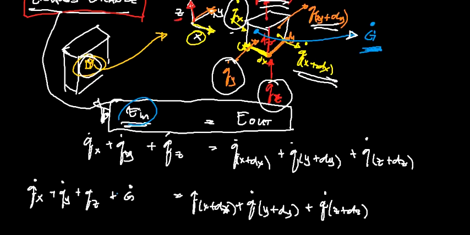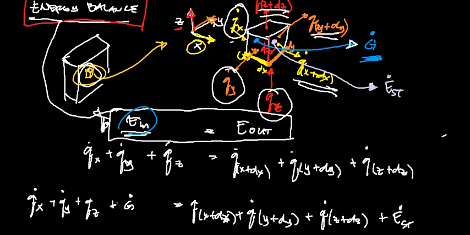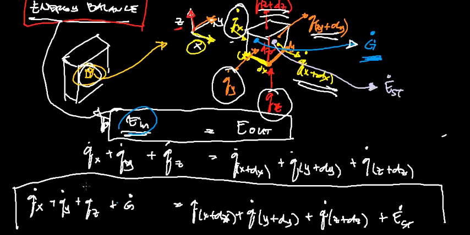Aside from this, we can also have some energy that cannot leave the system, and since it cannot leave, it is somehow stored in the system. Let's call it energy stored, and add it to the right side. All in all, we have the total balance of our system.